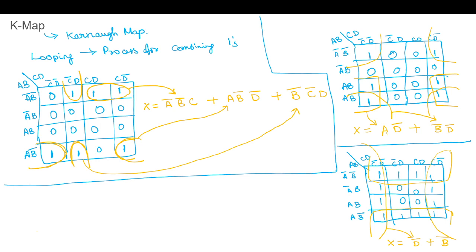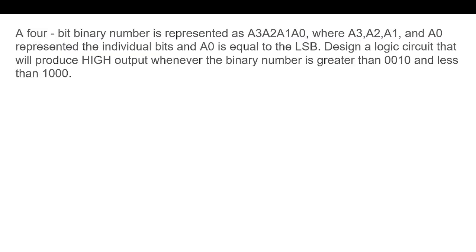Next, we will use the K-map in solving this question. A 4-bit binary number is represented as A3, A2, A1, A0, where A3, A2, A1 and A0 represent individual bits, and A0 is the LSB.